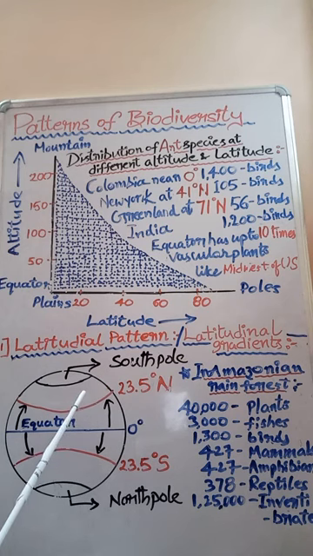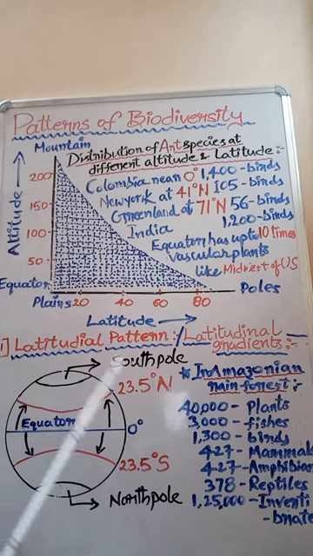biodiversity. The biodiversity present in this range has not been disturbed for millions of years together and has remained the same at the same place. It means the species present in the tropics have not migrated to other areas.